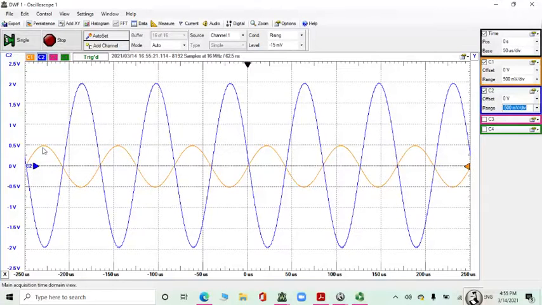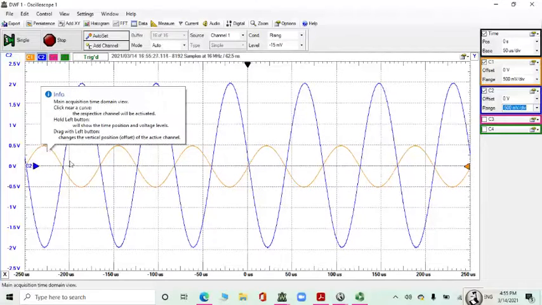And negative means, as you can see, there is a phase shift of 180 degrees between the input and the output. This is what negative means, because we have used pin 2, which is the inverting op amp.